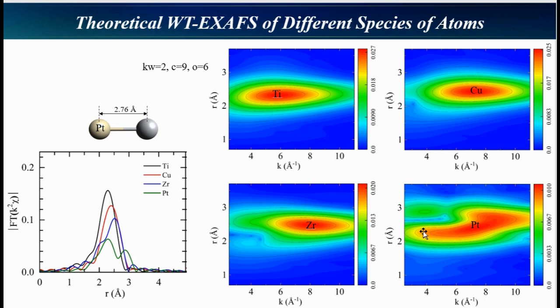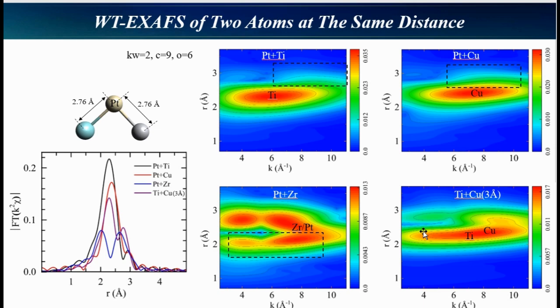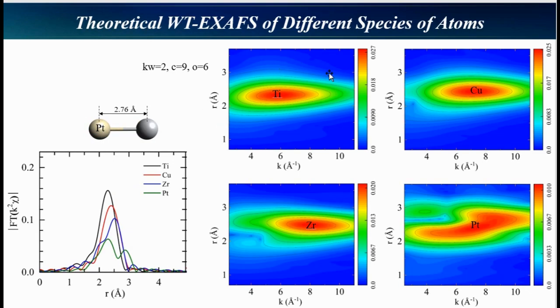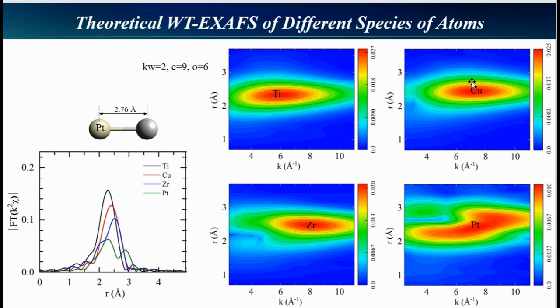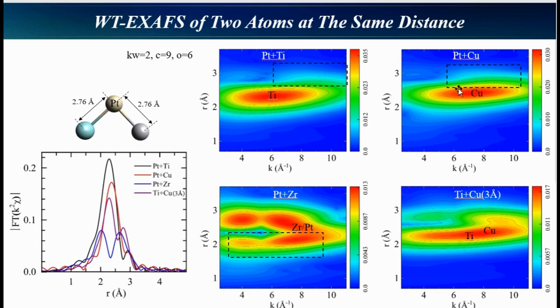The wavelet transform EXAFS visually reveals the atomic discrimination of two atoms at the same distance from a probing atom. Comparing the wavelet transform EXAFS of platinum titanium and only titanium, or platinum copper and only copper, you can see the contribution of platinum.